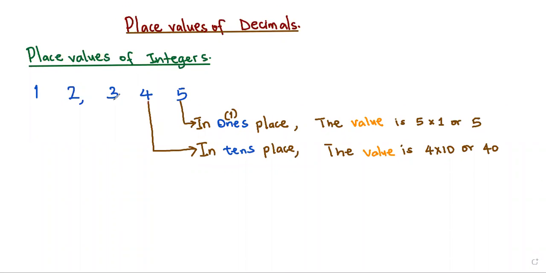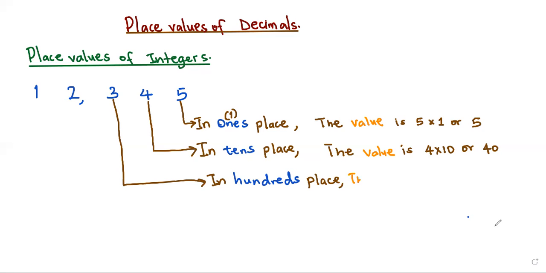Then we say that 3 is in the hundreds place. And now the value of 3 is 3 times 100.